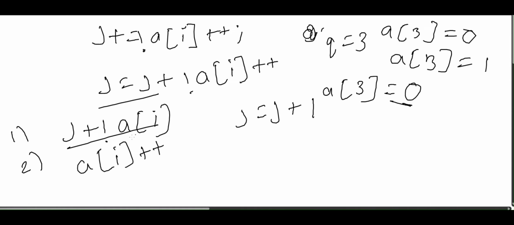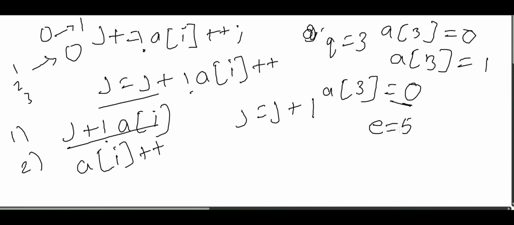So the use of the exclamation mark is: whenever the value is 0, it will convert it into 1, and whenever the value is non-zero, suppose 1, 2, 3, it will convert it into 0. So what is the use of this in our program? Let's see. It is used just to skip the double alphabets. In our queen there are two e's. So when the first is encountered, I will store the ASCII value of e.